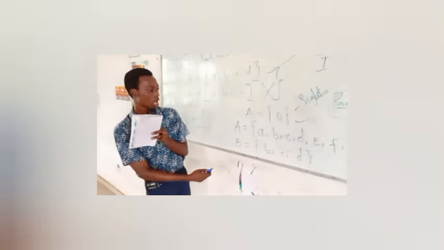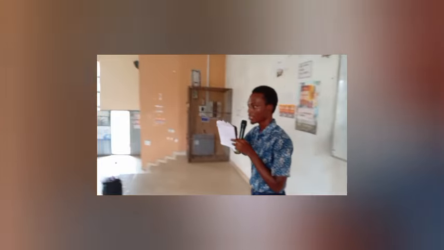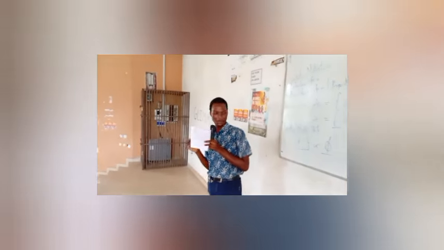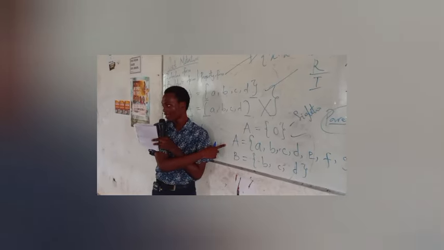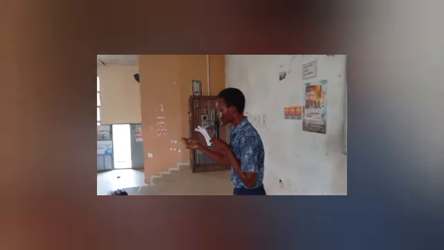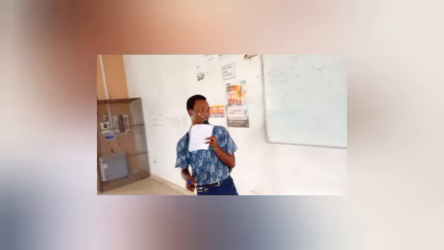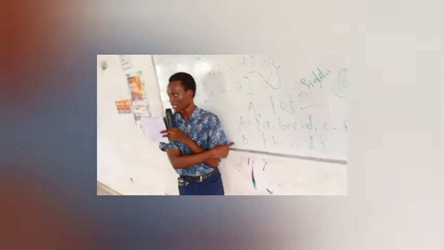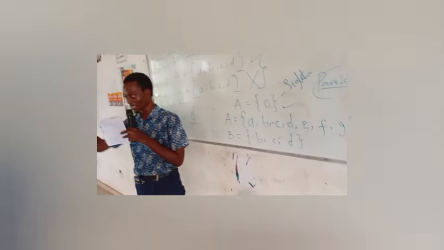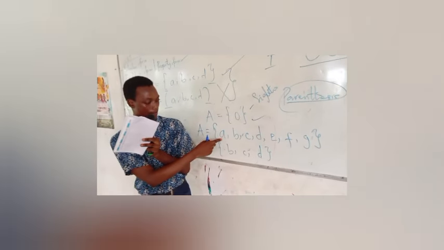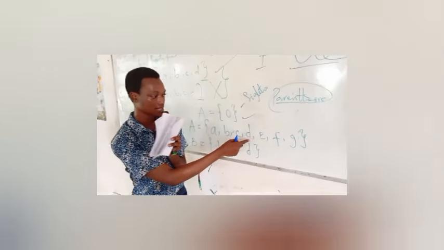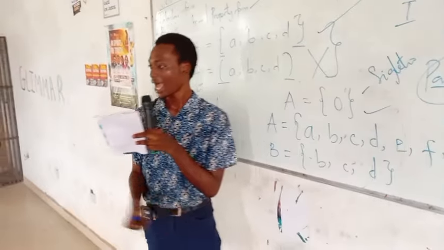They have elements. Between set A and set B, which one is the bigger set? Set A is the bigger set, and B is the smaller set. Now, can we all read out the elements in set A? A, B, C, D, E, F, G. And now, what's the definition of subset I gave you? Can we read it out?